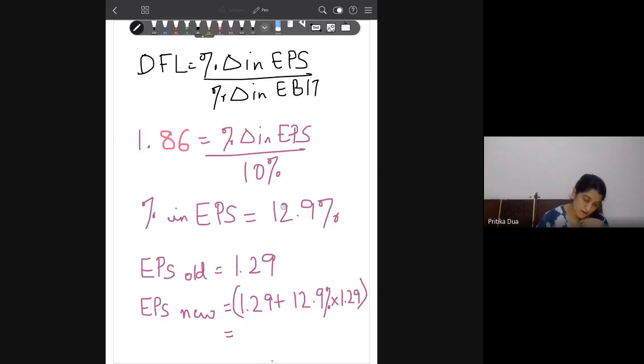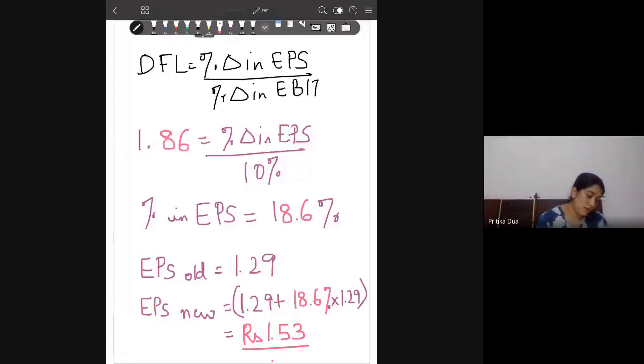So this will be 18.6%. अब चेक करना कितनी वैल्यू आ रही है. It's coming to 1.53 approximately. Yeah, sure.